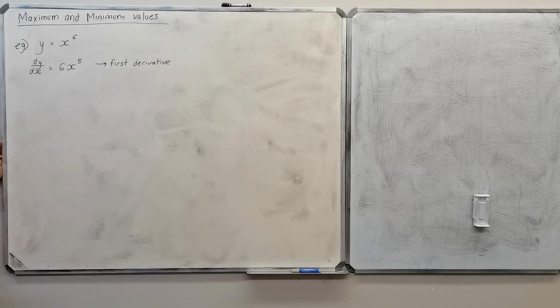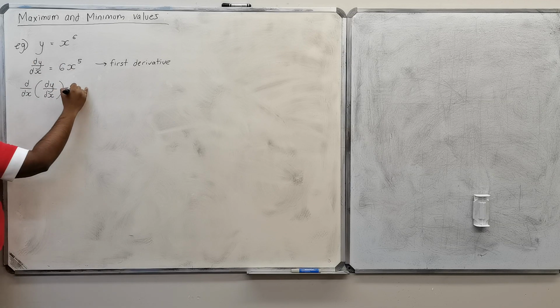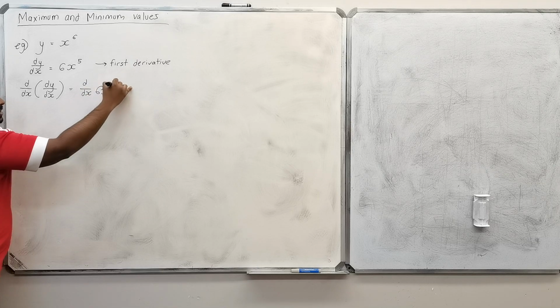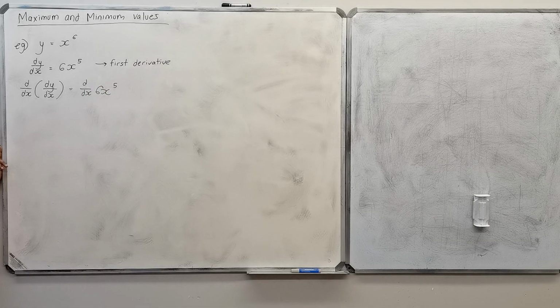If I differentiate this equation, I'm basically differentiating dy over dx, because dy over dx is equal to that. So it's going to be d over dx again of 6x to the power 5. This becomes d squared y over dx squared.